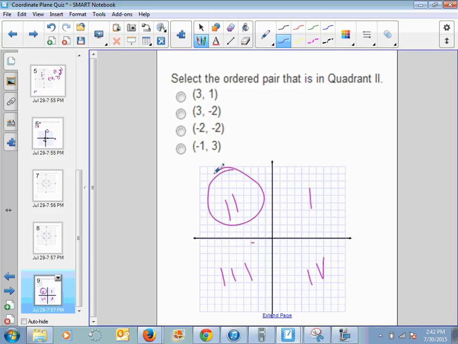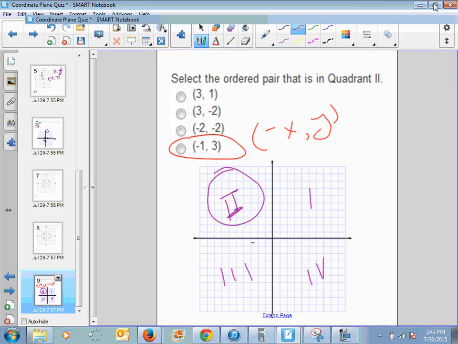What you're going to notice about quadrant 2 is that all the x values are going to be negative, but you're also going to have positive y's. So we're looking for something with a negative x and a positive y. That puts you right there. Okay, so that should get you off to a good start. Good luck.